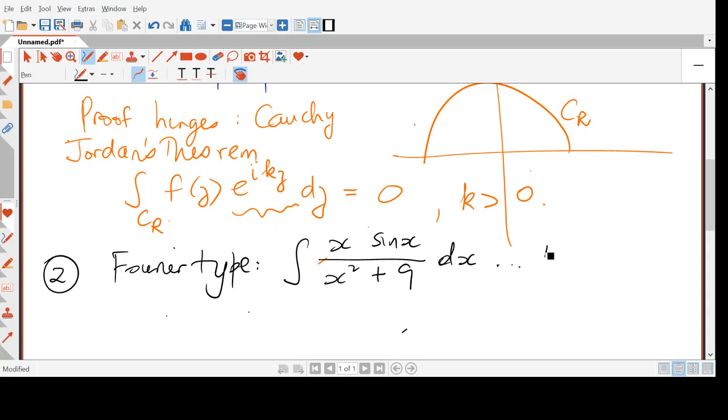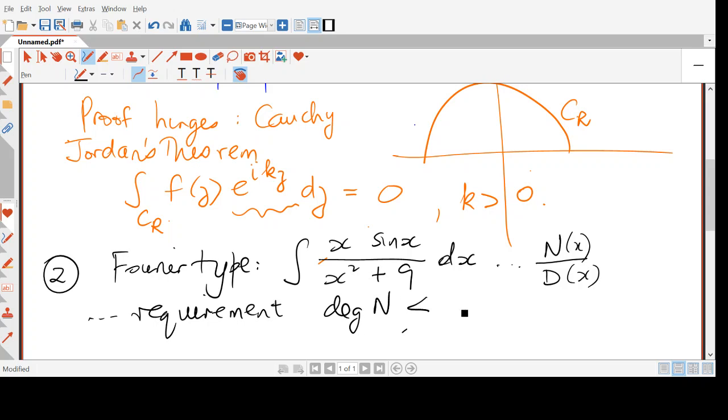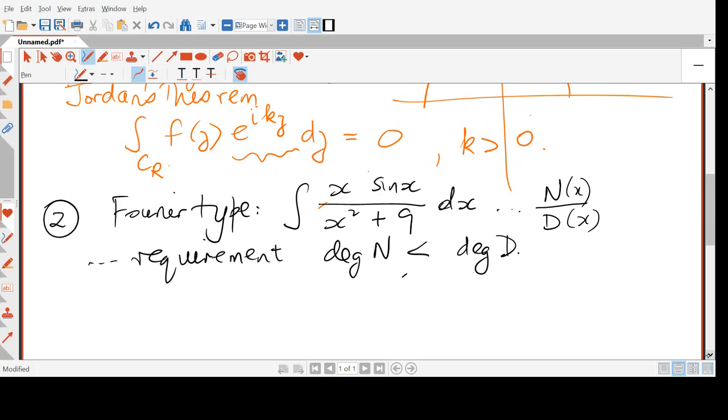So you have here a numerator and a denominator again. This time, the only requirement is that the degree of the numerator must be just less than the degree of the denominator. That is all. You don't need it to be 2 less. It just has to be less than the degree of d.